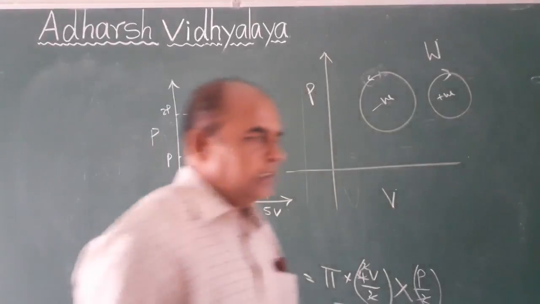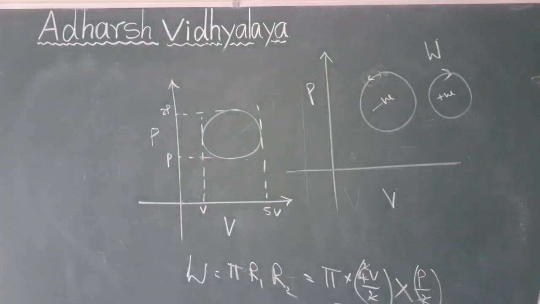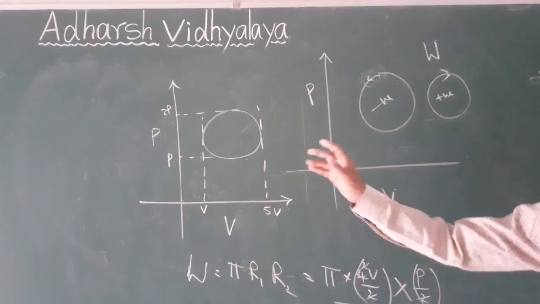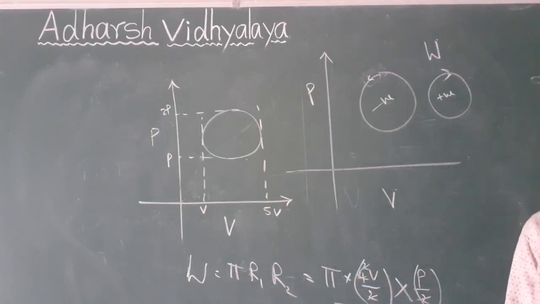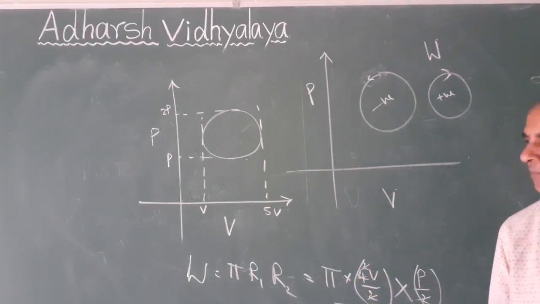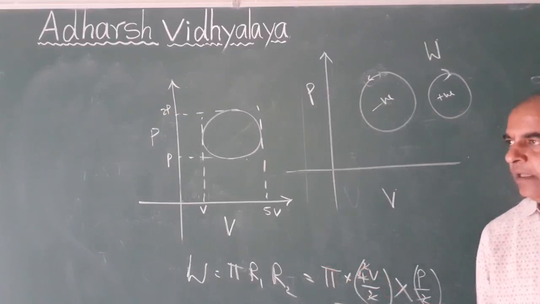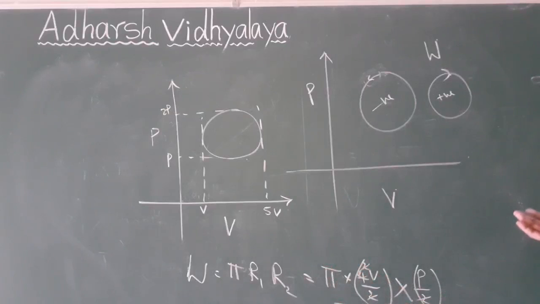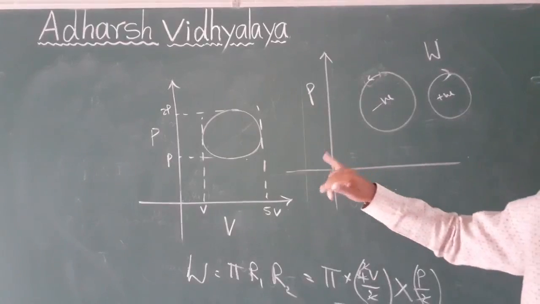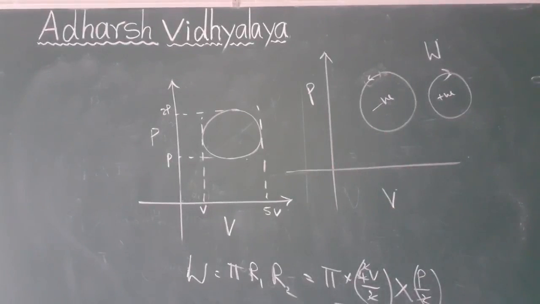So the main concepts: mixing of two gases, first law of thermodynamics, heat engine, refrigerator, and problems based on graphs, from slopes of the graphs. That question is also important. Area covered calculation gives the work done. That is one important point.